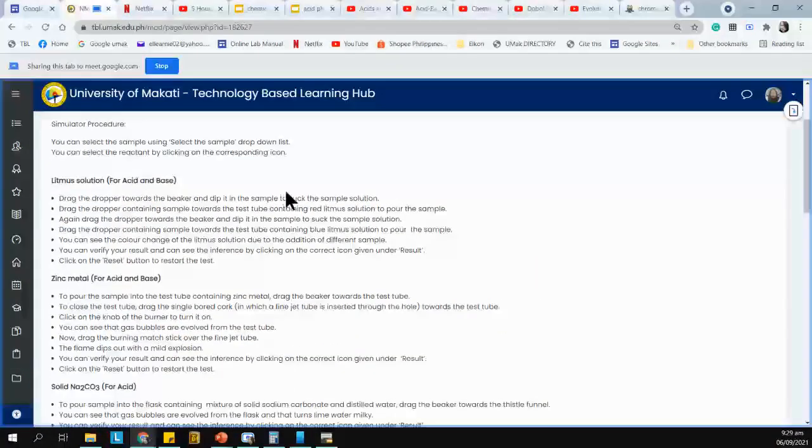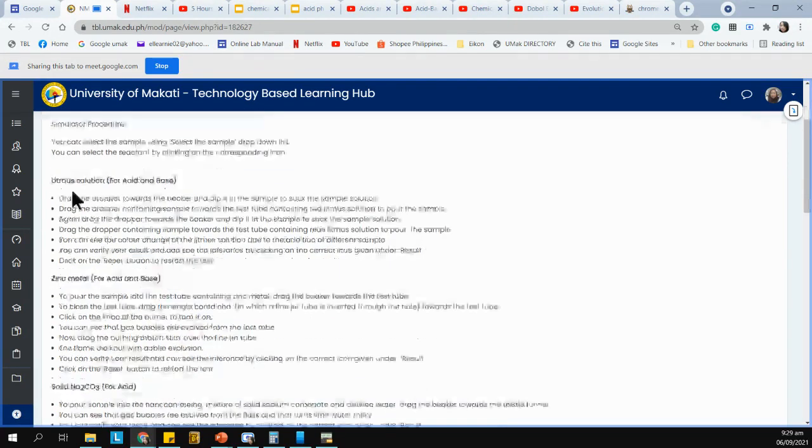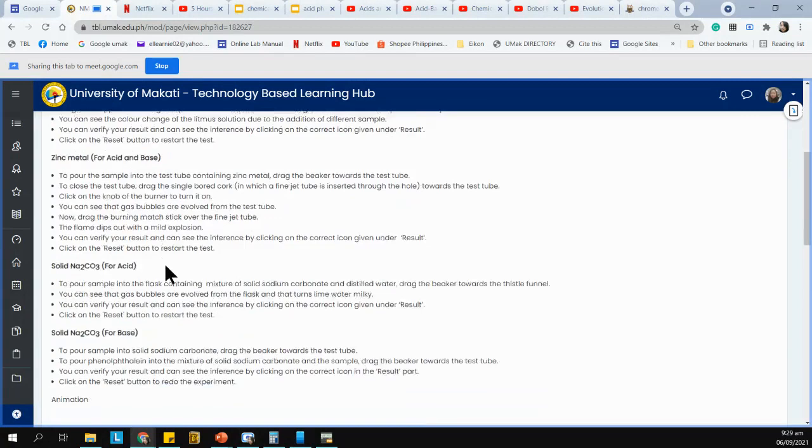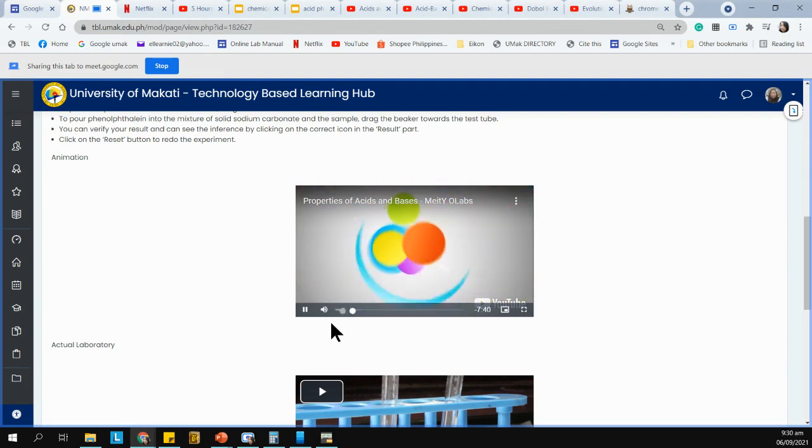Okay? So, yan. Now, here, originally, this is coming from Amrita. Nagpaalam na ako sa Amrita. And actually using this for my study as well. What I did is, I already isolated the steps. Okay? So, yan yung steps na yan. And then, I have here the animation. Now, this is actually your guide on how to do the simulation, okay?